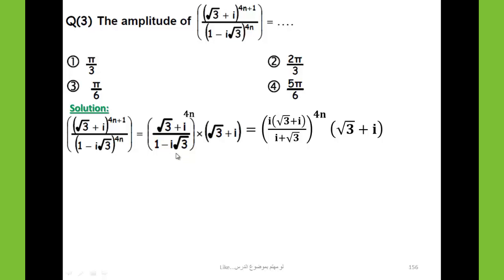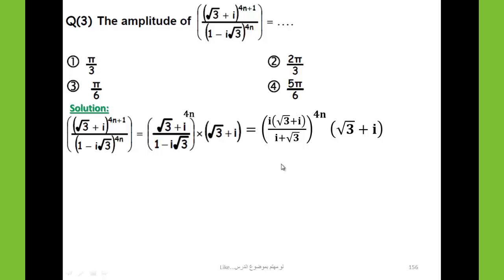So the result will be root 3. Again, to simplify this fraction, we multiply up and down by i. Multiplying the numerator by i, we get i root 3 plus i. Multiplying the denominator by i, we get 1 plus root 3, as i squared equals negative 1. Multiplying negatives, we have positive.